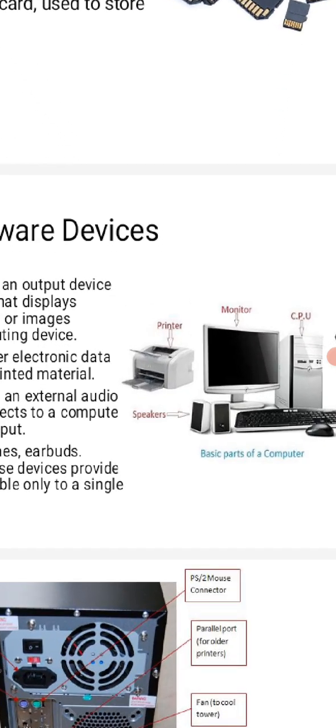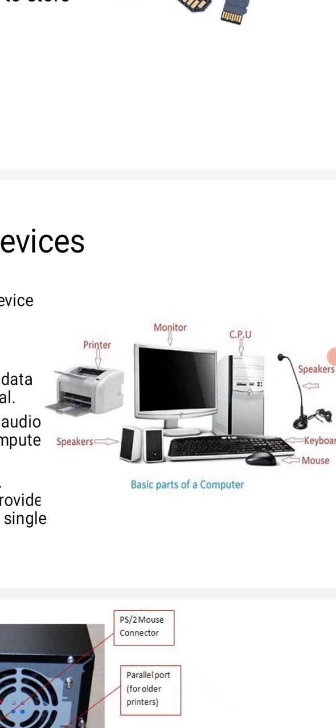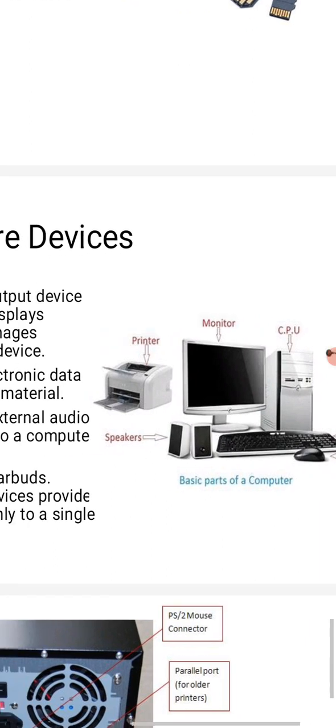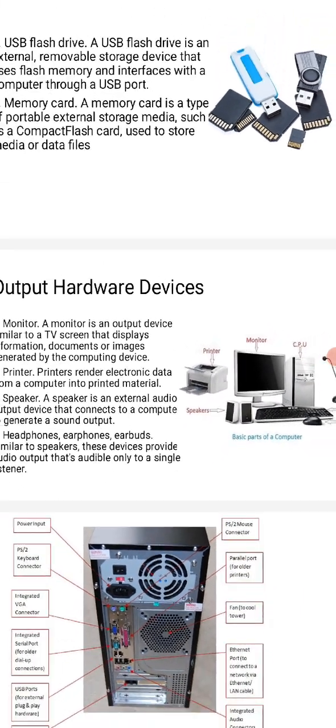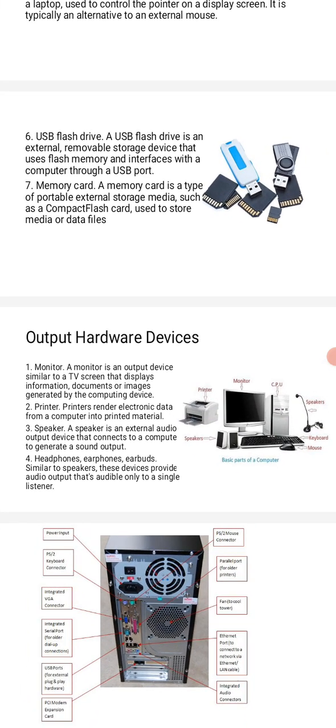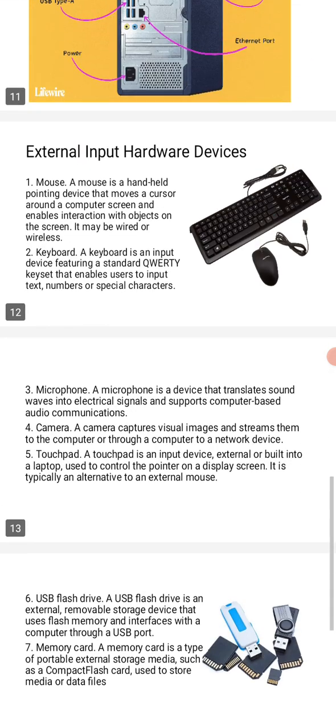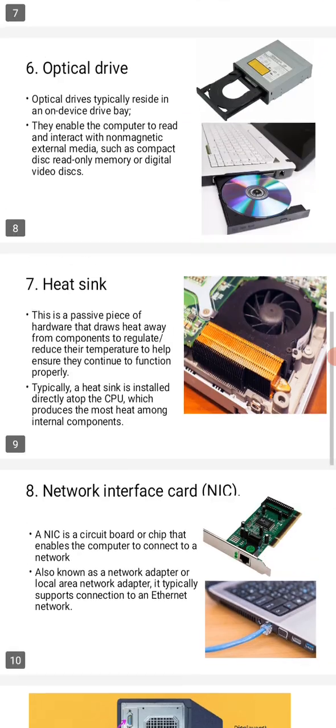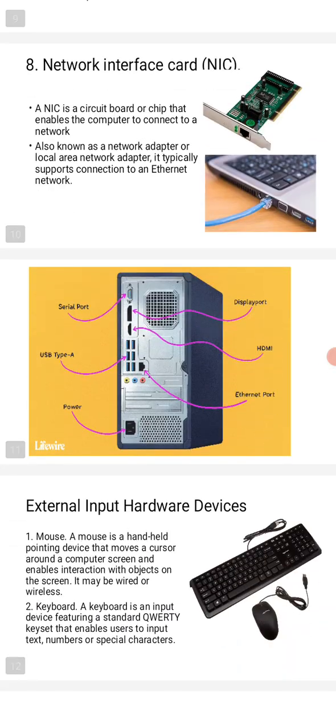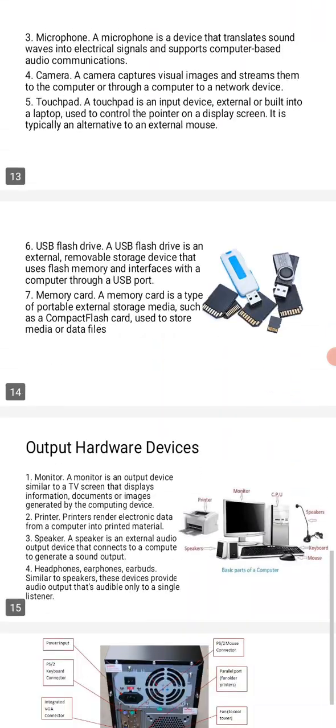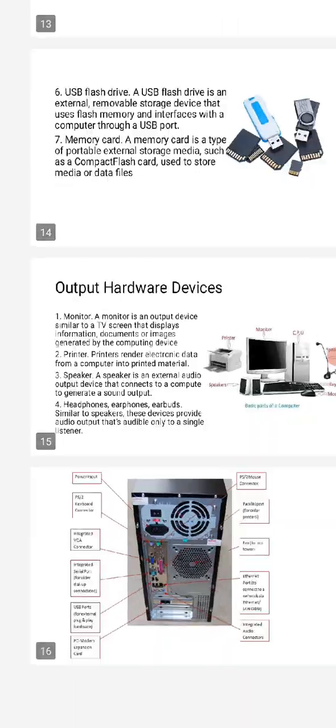So these are what we are talking about as the output hardware system. These output hardware devices get the information from the computer and deliver it outside the computer. And the input devices we looked at above are the ones which take information from the outside into the computer where we are able to view it.